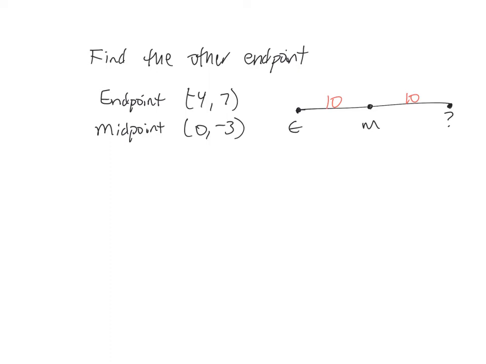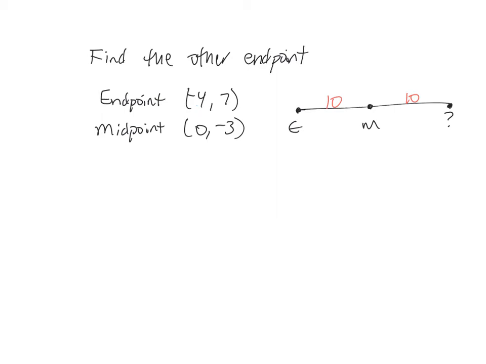So this is the way that I think of it. I'm at the endpoint, -4 to 0. How much does it change, think of a number line, from -4 to 0? It changes 4.